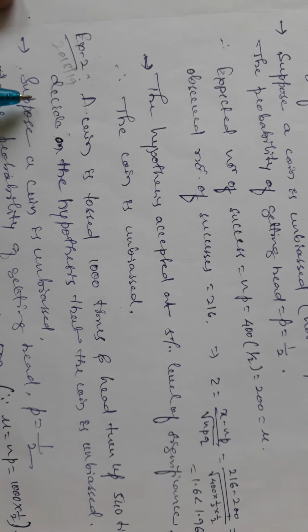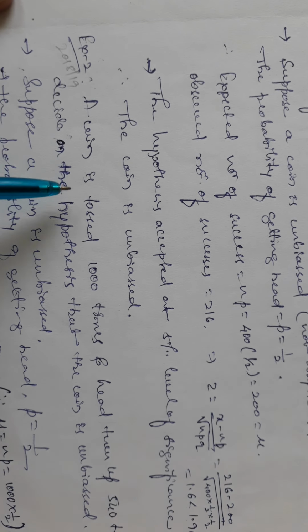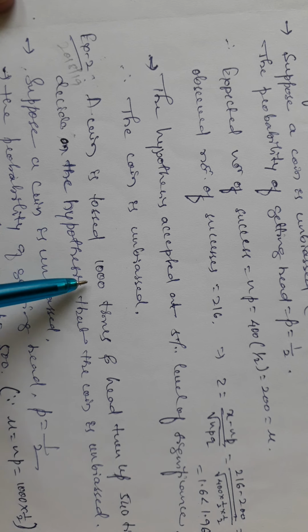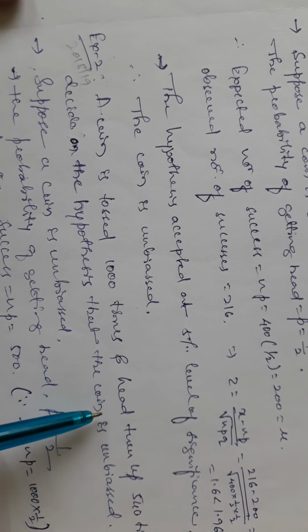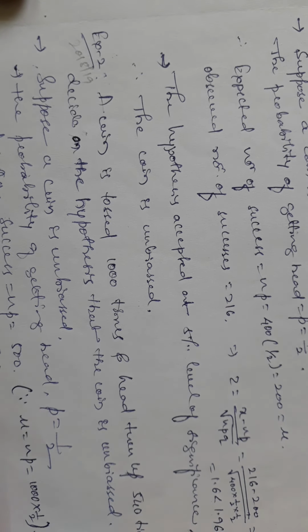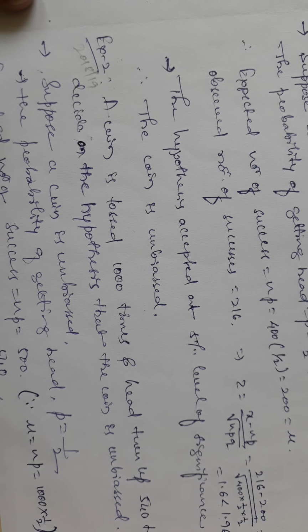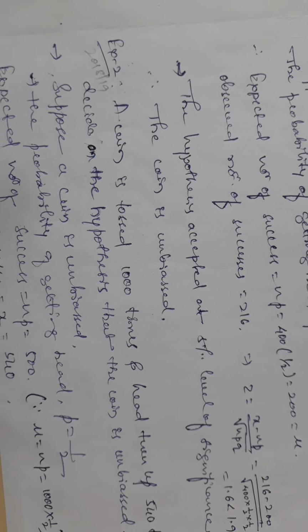Now we'll go for one more example. A coin is tossed 1000 times and head turned up 540 times. Decide on the hypothesis that the coin is unbiased. It is similar to the last example.